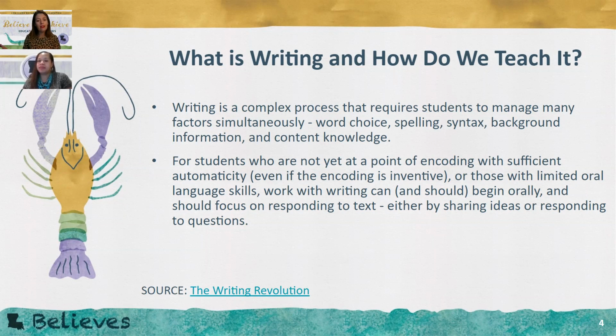If they're spending all of their time thinking about how they're spelling the words, it becomes increasingly difficult for them to think about all of these other factors. How do they put words together to make meaningful sentences? How do they connect this learning to other learning that they have and to what they know about the world, right? So a big part of the work that we do in K-3 is building their skill with encoding with automaticity.